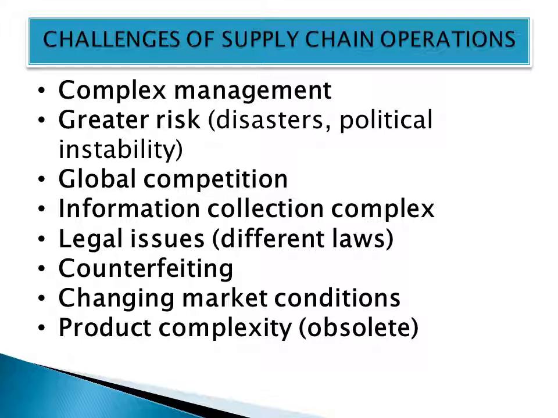Now, when market conditions change, that could also cause changes for your business. So, if the goods are not demanded as before, maybe because there is some economic issue or global problem like what we're experiencing now, those could have impact on your supply chain. And lastly, product complexity, especially those dealing with products that change very frequently, like technology related products, cell phones and gadgets and these sorts, right?